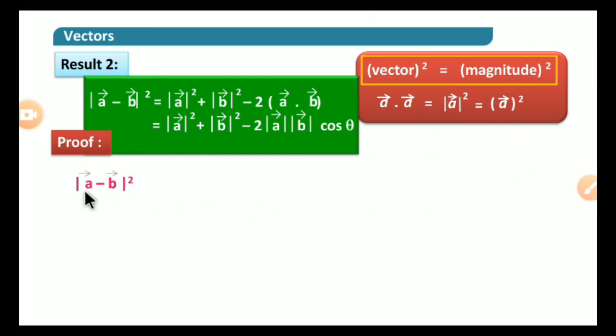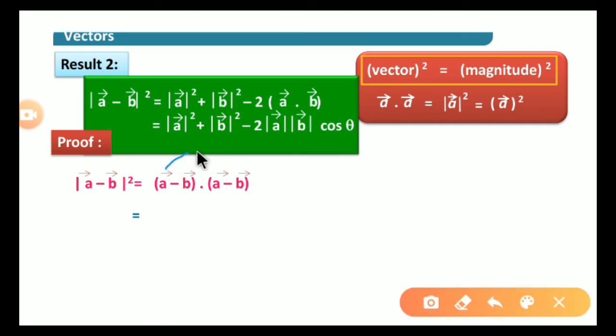Now consider magnitude of A minus B whole square, which can be written as A minus B dot A minus B, as in the previous result, using this property. So now again we multiply this one and this one, similarly this one and the second one.